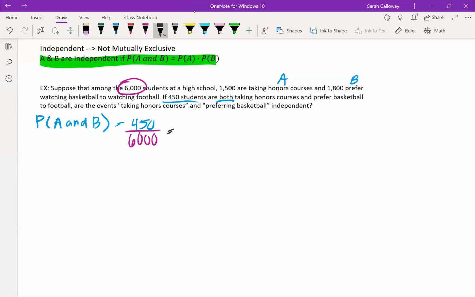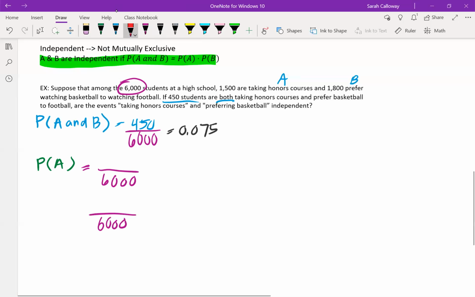So the probability of A and B both occurring using the 450 students is 0.075, so about 7.5%. Now what we want to do is find the probability of just A occurring. So we still are looking at the whole school, or among that 6,000 at the school, when we're finding these two probabilities. So we want to find the probability of A occurring and the probability of B occurring on their own.